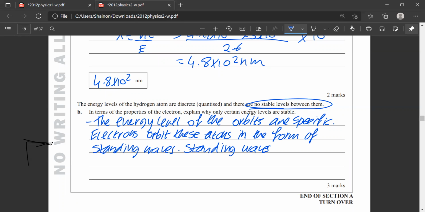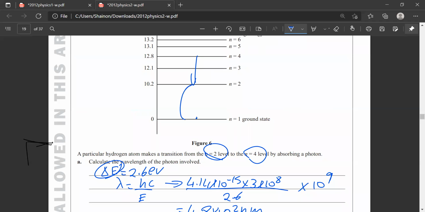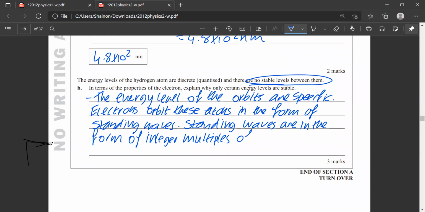So we need to prove why it's only in certain levels, standing waves. Integer multiples. So you can't have half a level. So it's only going to go from here to here. You can't go from here to here. And then wavelengths. And that's it.